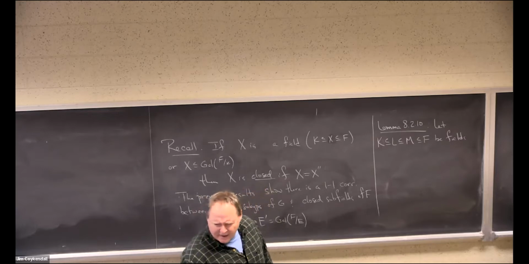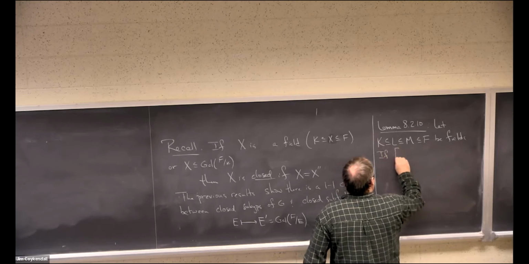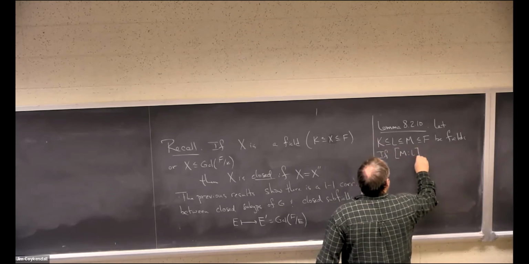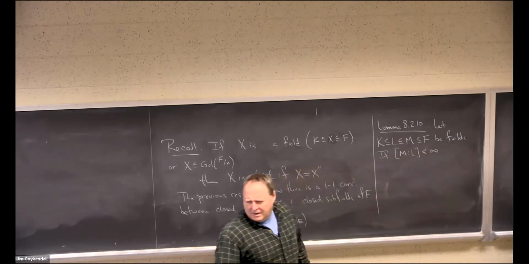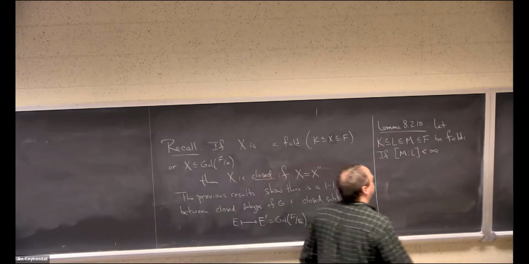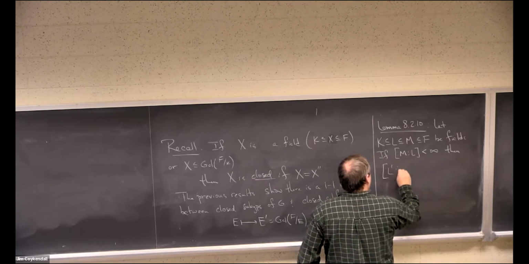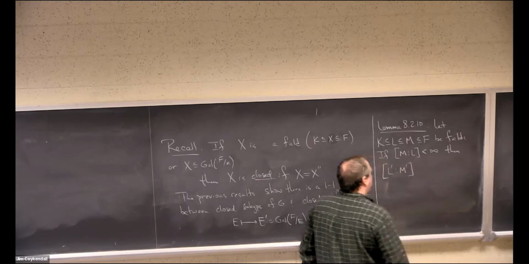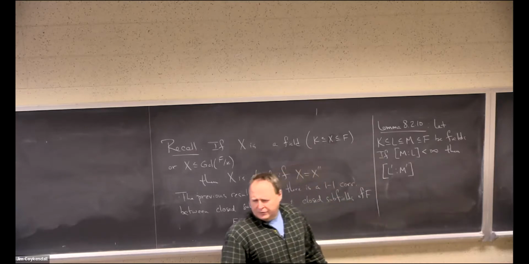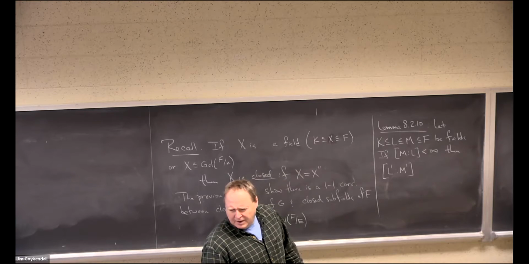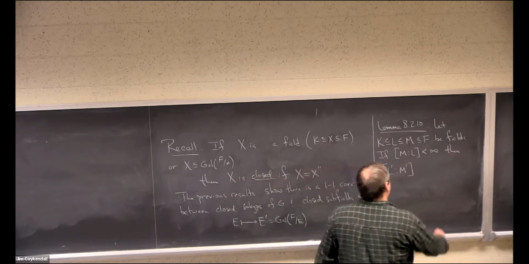If M is a finite extension of L, then, remember, when I prime, these are now groups, and it reverses the inclusion. That is to say that M prime is now a subgroup of L prime. This is less than or equal to.